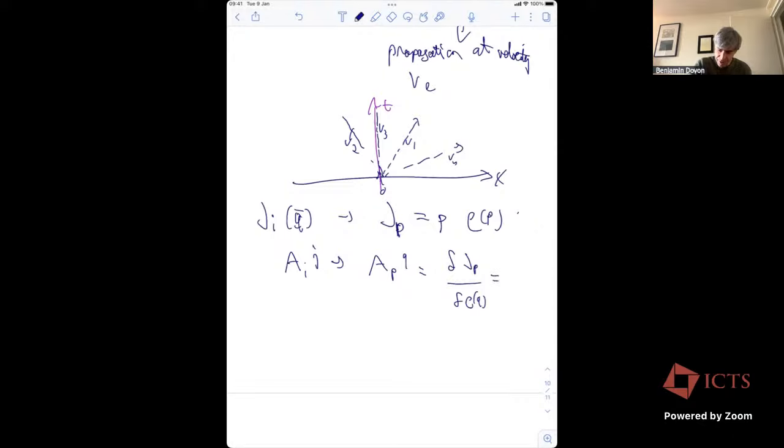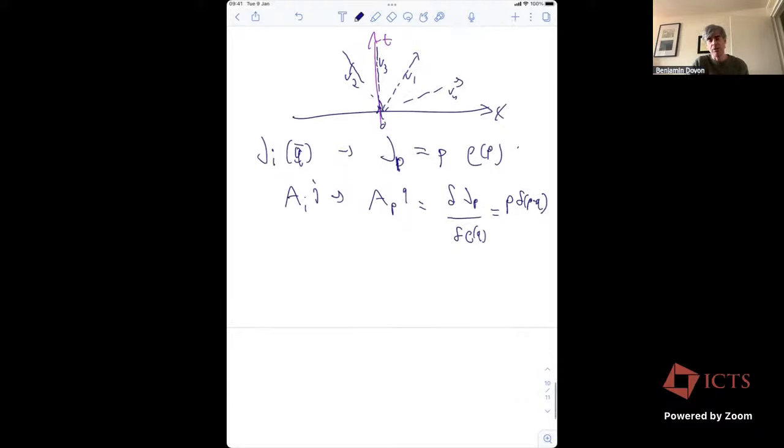And we see that this is p times δ(p − q). So this is what the matrix becomes. It's a delta function, meaning an operator obtained by integrating against a function. If I do Aij Fj, it becomes the integral dq A(p, q) F(q). The matrix multiplication becomes integration over q.